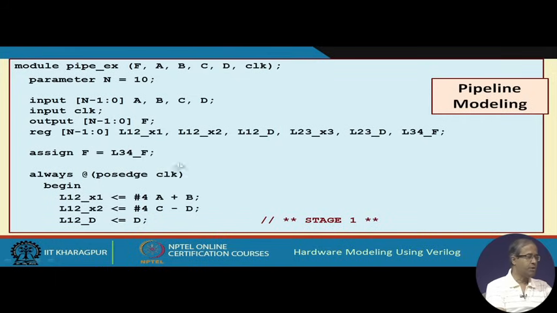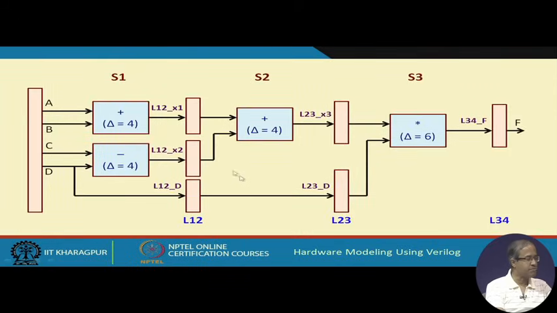Now, regarding coding, as I said, all computation will be done in a synchronous way, always at posedge clock. So, what will happen when a positive edge of clock comes? For stage S1, whenever a clock comes, A and B have arrived, and after a delay of 4, L1 to x1 will get the value of the sum, we will store it here.